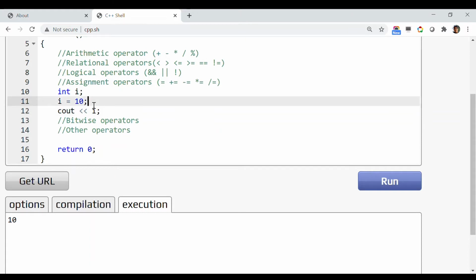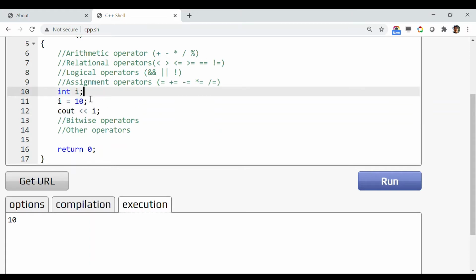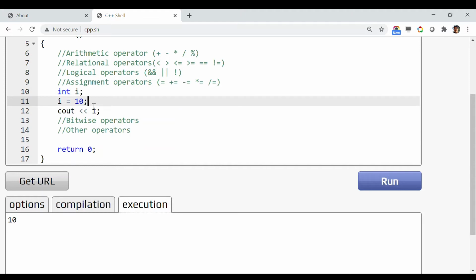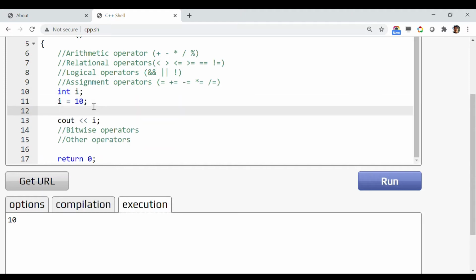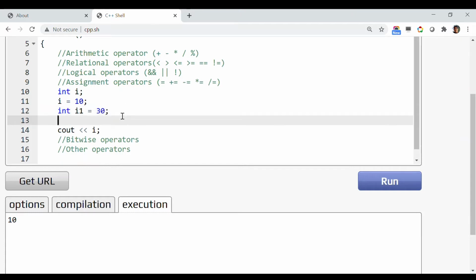So not only that, let's say there is a variable I equals 10, and then I have defined another variable called, let's say, int I1 equals 30. It is also possible to assign one variable inside another, for example, I equals I1.